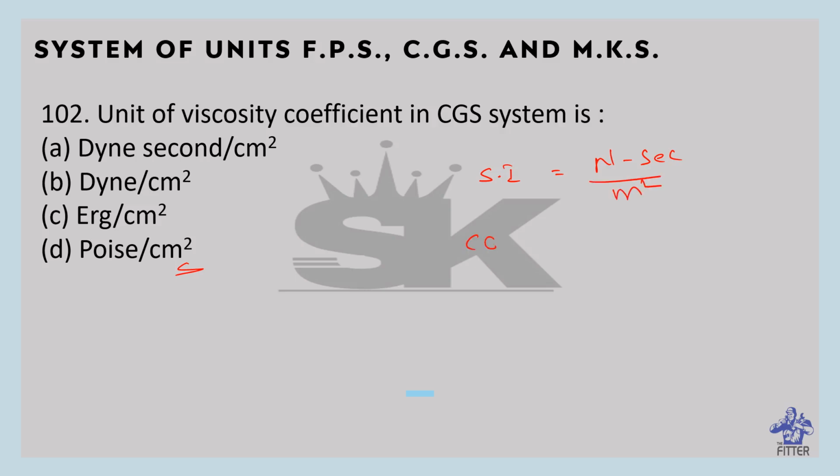In CGS, Dyne second per centimeter square, or poise. So here the answer is Dyne second per centimeter square.